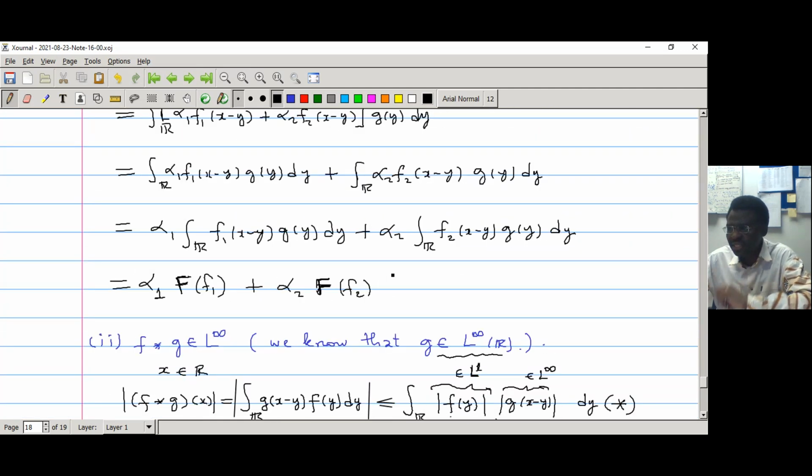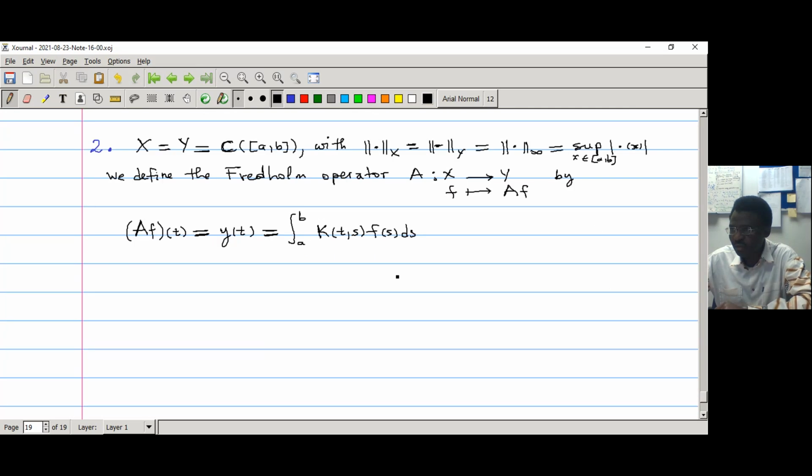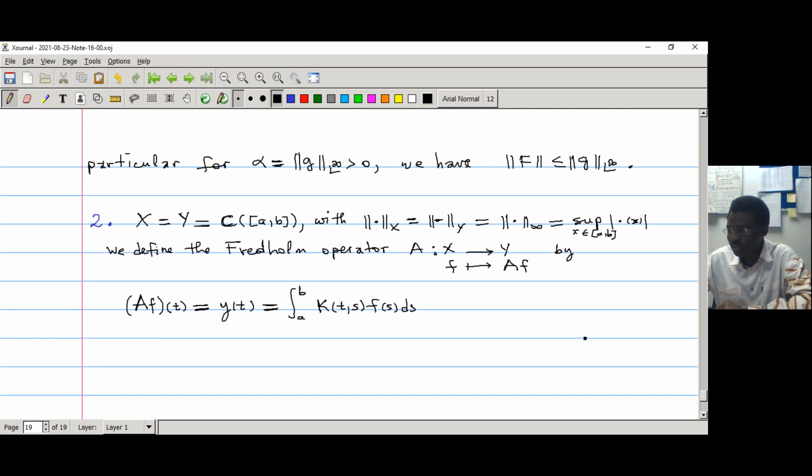It's a bit similar, but not exactly the same, because here you have the difference of the two variables. So this is the definition of the Fredholm operator. This is how we define it.